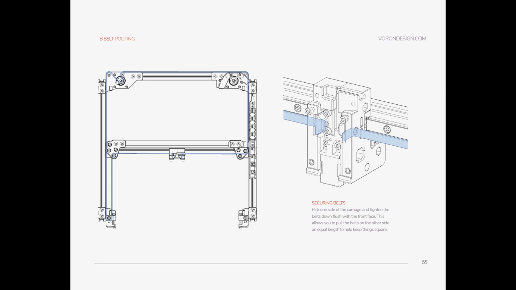So it's not going that way, but going like this, coming the belt this way and this way. It's the wrong way. Keep in mind that your belt needs to turn via a bearing or pulley.